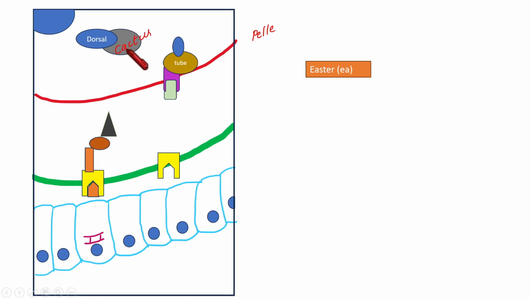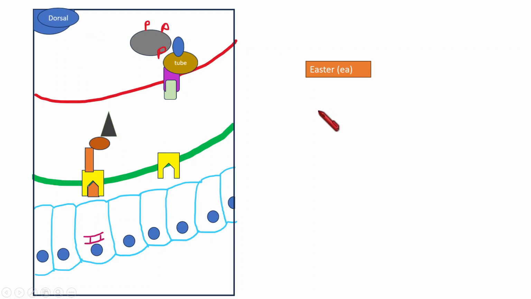So what is this Cactus doing? It is suppressing, it is controlling this Dorsal protein. And as this Pelle protein becomes activated, it phosphorylates the Cactus, and because of that phosphorylation, the Cactus is separated from Dorsal, and the Dorsal then can enter into the nuclei present in the ventral-most region of that embryo.